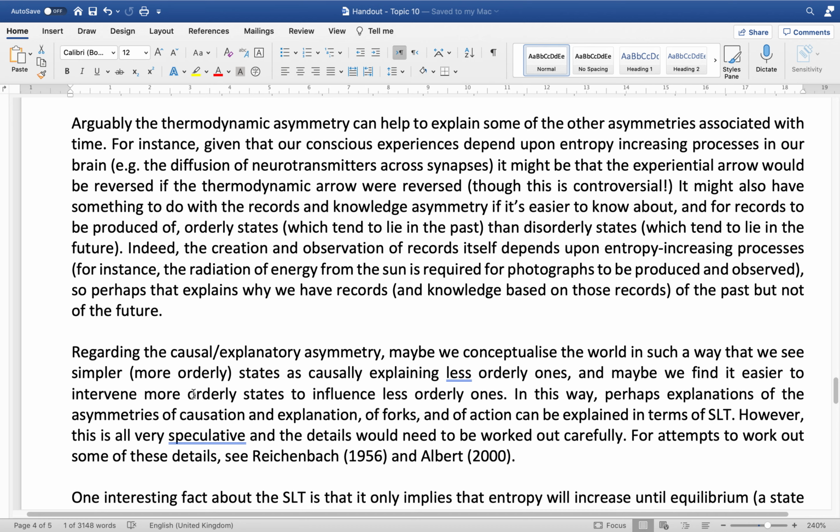If it's plausible that the direction of time could be reduced to the direction of entropy increase, and this is by no means settled, although people have claimed this, we might wonder to what extent the asymmetry of entropy can explain the other asymmetries that we associate with time.